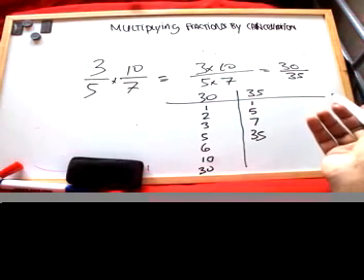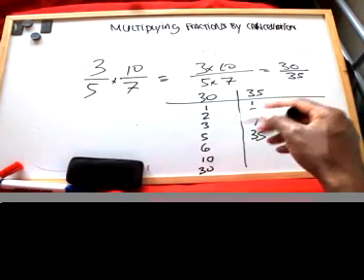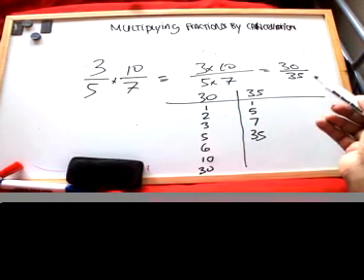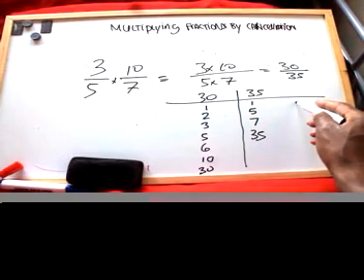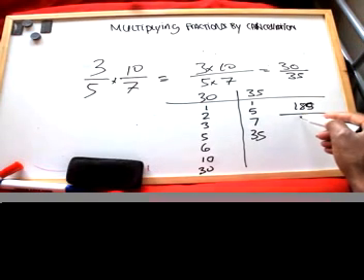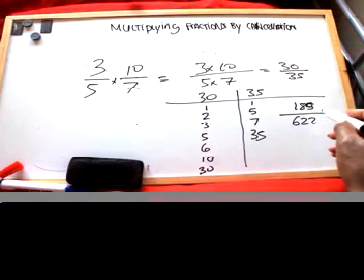Anyway, the issue with this is you have to write quite a few more numbers. You have to write a long list of numbers. What if your final fraction turned out to be, I don't know, 185 over 622? Well, can you see how difficult that's going to be?